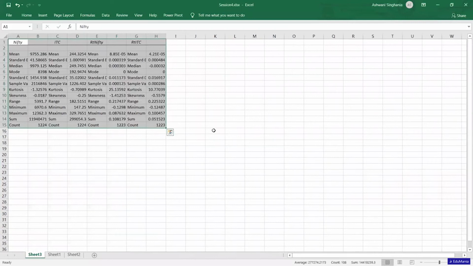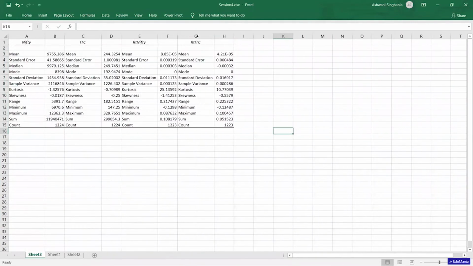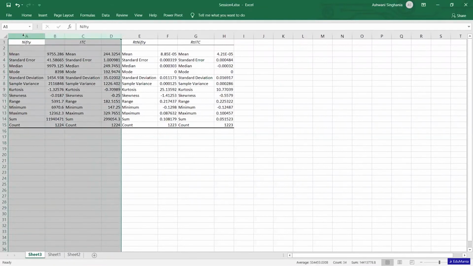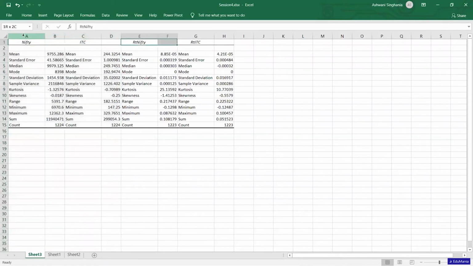Here we have two columns for Nifty and ITC price movement, and the other two are for the daily returns which we have calculated. Let's look at this, because we have already calculated this.